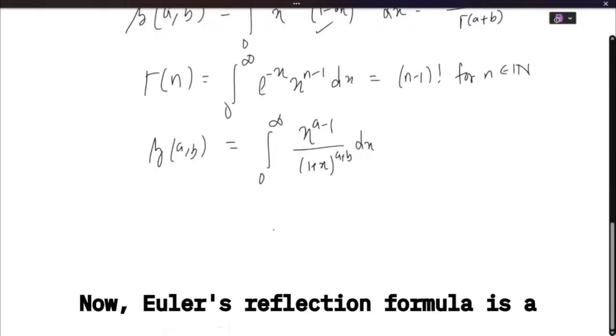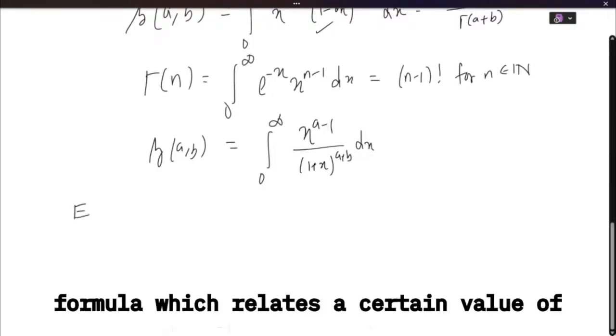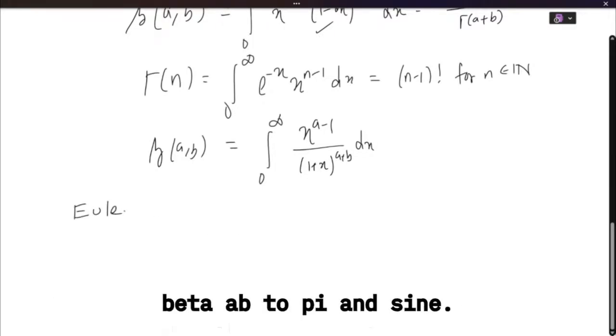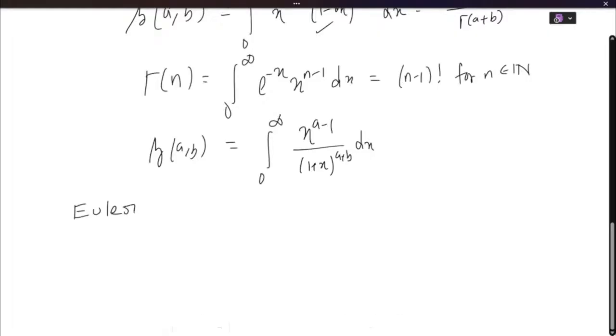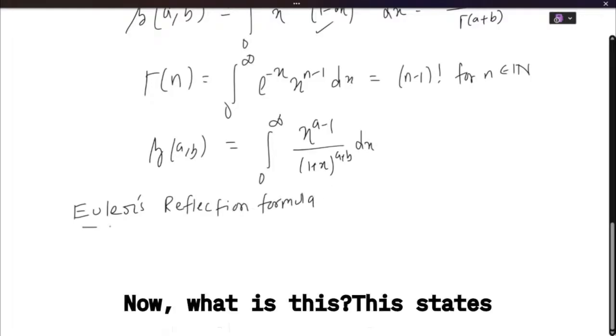Now, Euler's reflection formula is a formula which relates a certain value of beta of a, b to pi and sine. So, Euler's reflection formula. What is this?